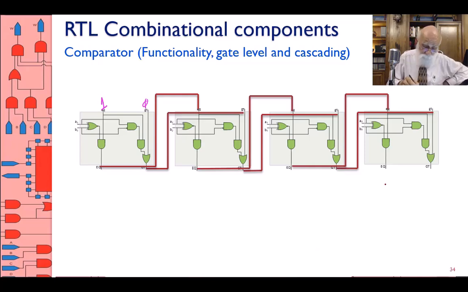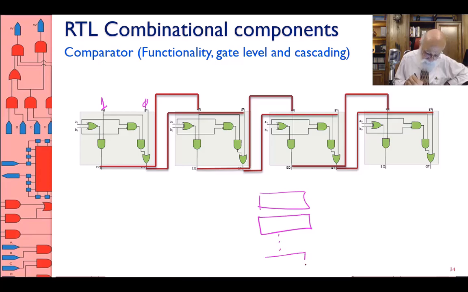And therefore I have 1 slice, 2 slices, 16 slices, A15, B15, equal, GT.